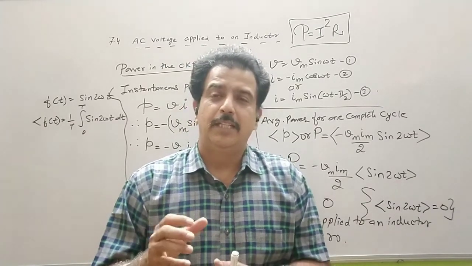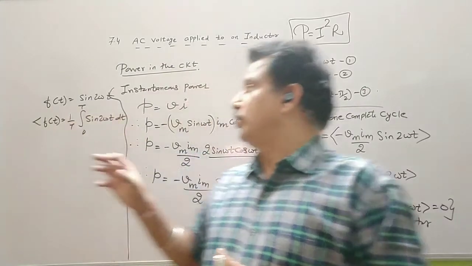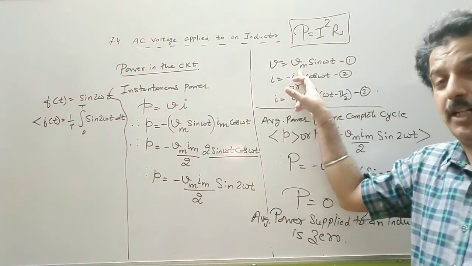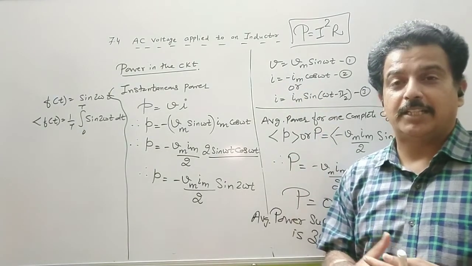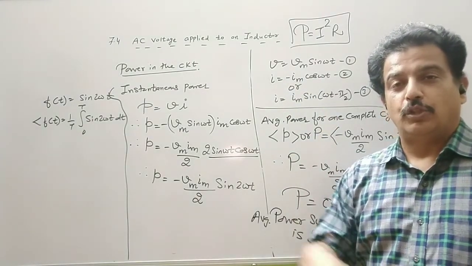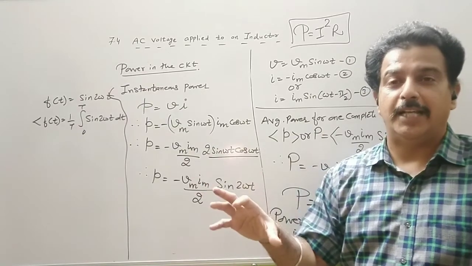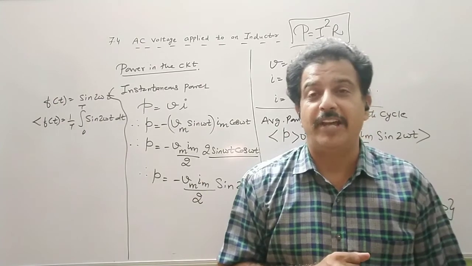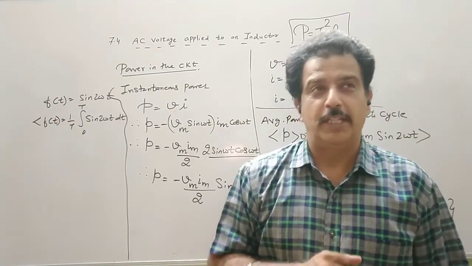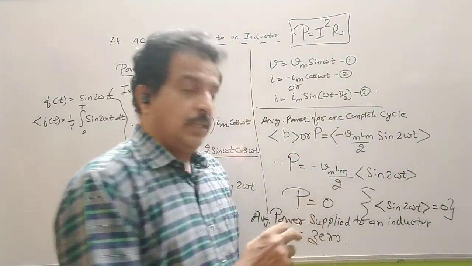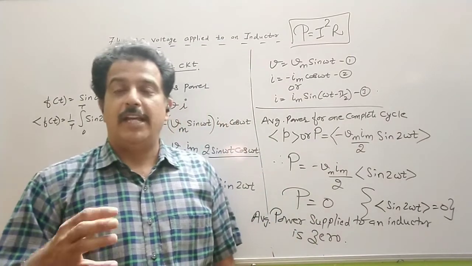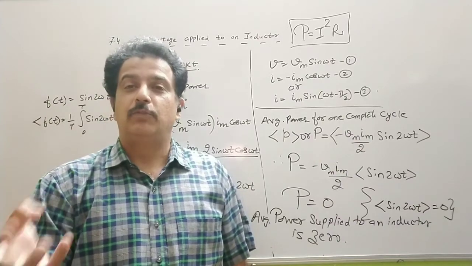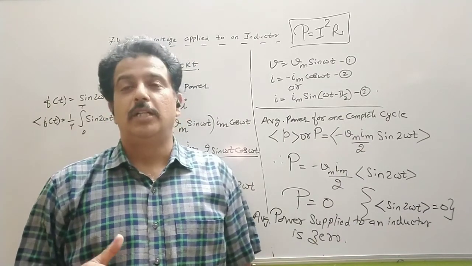So similarly, here our AC source did the work against the inertia or against the self-inductance of an inductor. So work is done to establish the energy, and we know that the energy stored in an inductor was half L I square. So here power 0 means our source will give energy to the inductor, the inductor will store it, and it will return the power back to the source.